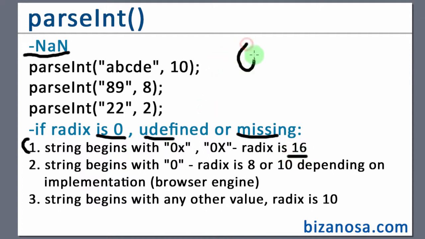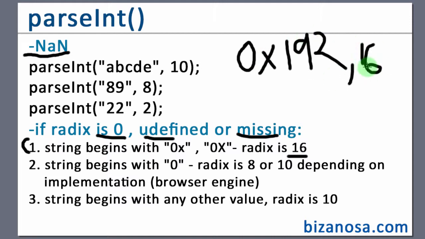So maybe if you have something like 0x192, this will automatically make the radix 16. 0x, x stands for hexadecimal. And number 2, if the string begins with 0, the radix will be considered 8 or 10, and this will depend on the implementation of the browser engine.